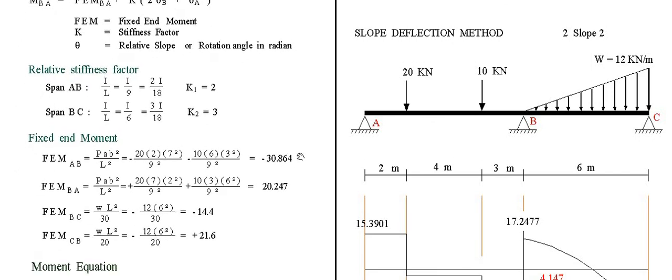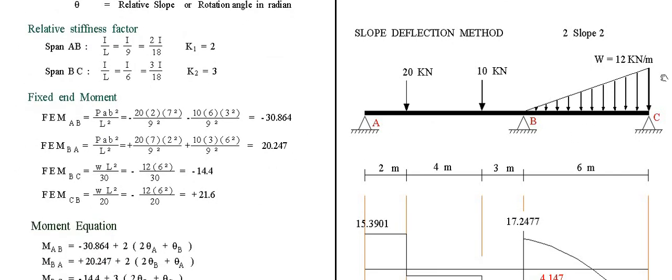Okay. For BC, triangular loading, the moment at B is smaller, so it is over 30. Negative on the left, positive on the right. So 12 WL square over 30. So 12 times L square of 6 divided by 30.